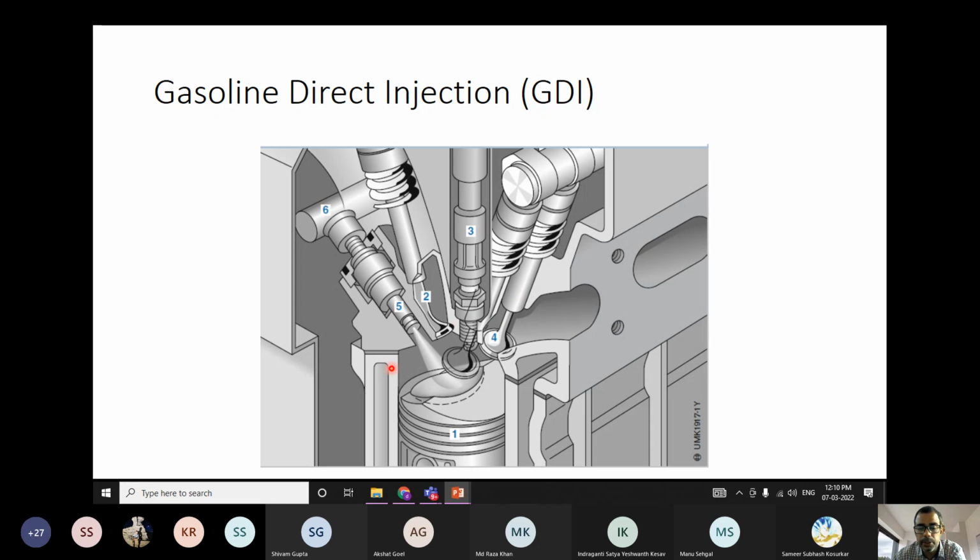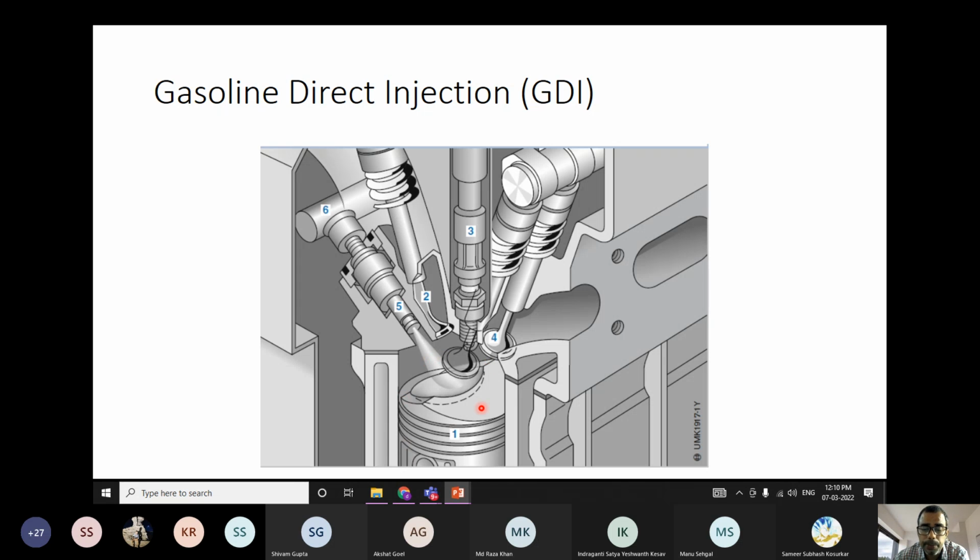So in the last class, we also discussed that if an SI engine is equipped with GDI technology, then our traditional statement, which we have studied till now, that the fuel and air mix outside the combustion chamber in an SI engine, is no longer going to be valid, and only air comes into the combustion chamber during the intake stroke in GDI technology.